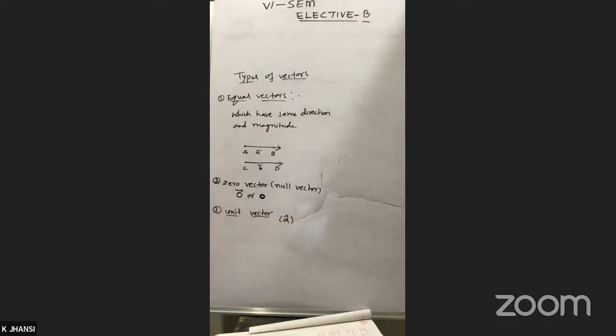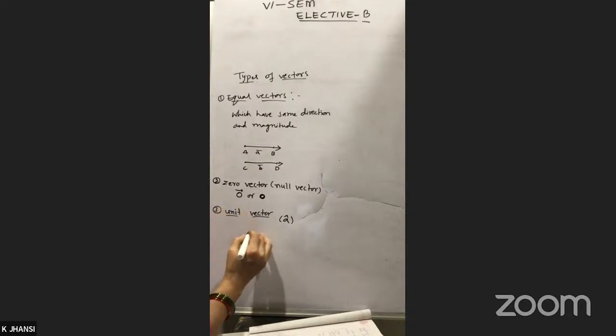If you write the cap on vector A, it represents that it is a unit vector. The definition: if the magnitude of the vector is 1 unit, it is called a unit vector. If A is a vector, then A by mod A is a vector with unit magnitude. This is the unit vector in the direction of A and is denoted by A cap.